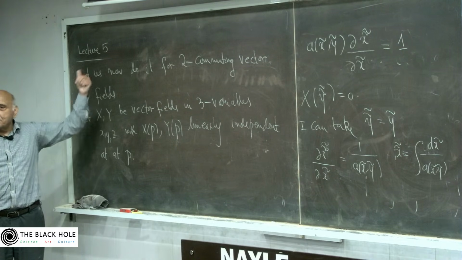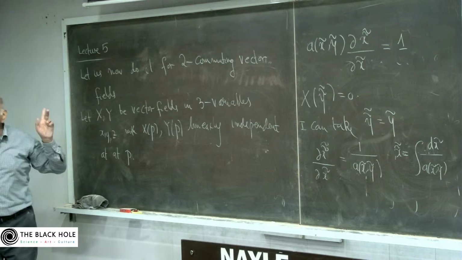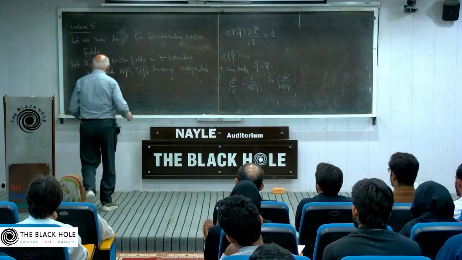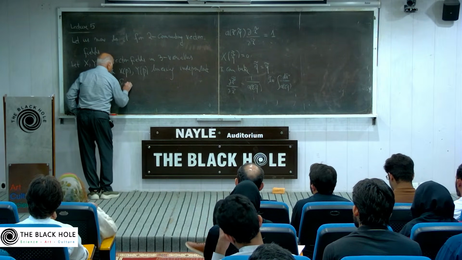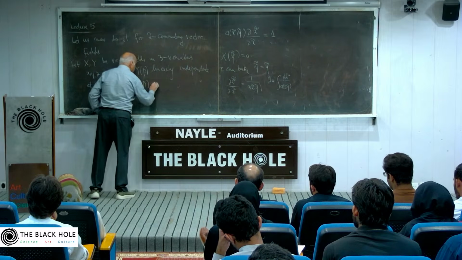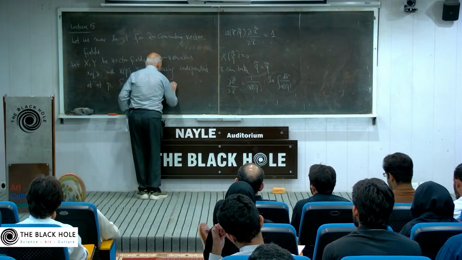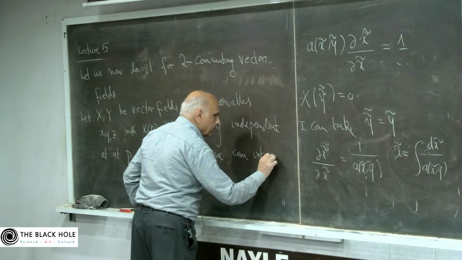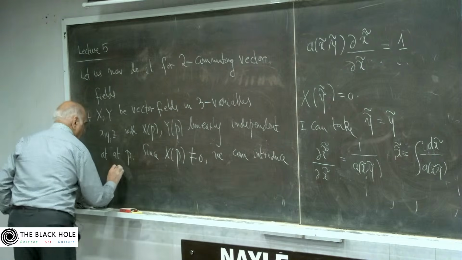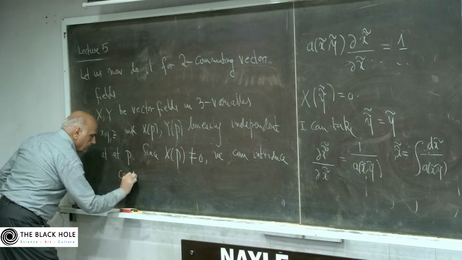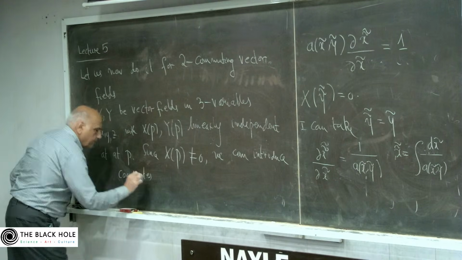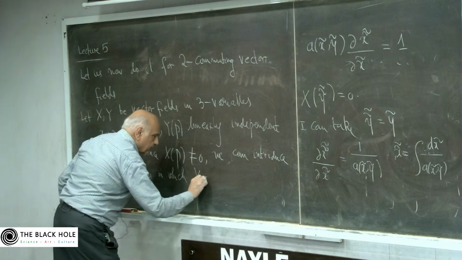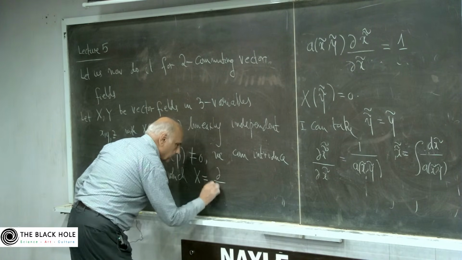What did my result just tell you? I can find coordinates in which X is partial by partial x, right? So since X_p is not 0, we can introduce coordinates in which X is partial by partial x.